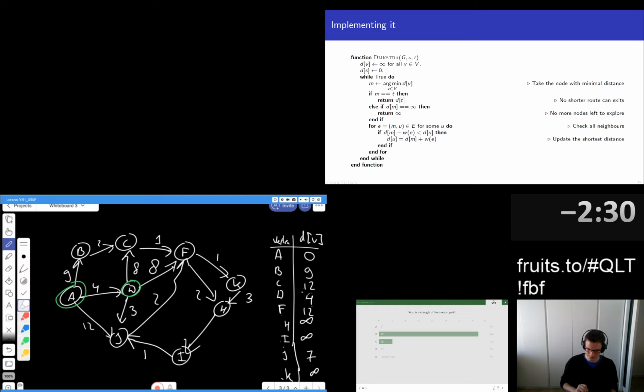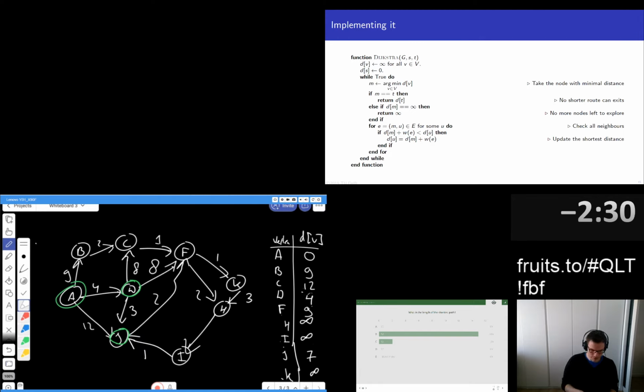So far so good, because then I'm going to speed up a tiny bit for the next ones. Closest one is now J with 7. So we take a look. It has only one neighbor, F, which we can now reach with 9. 9 is an improvement over 12. So we update the distance to F to now be 9.